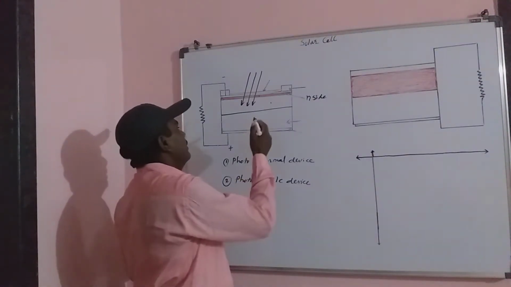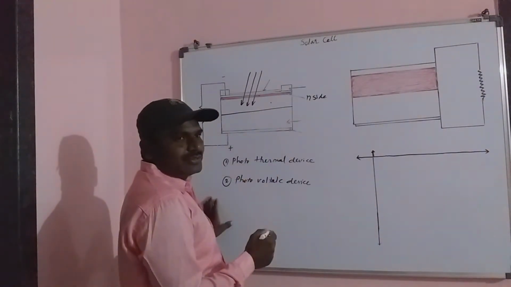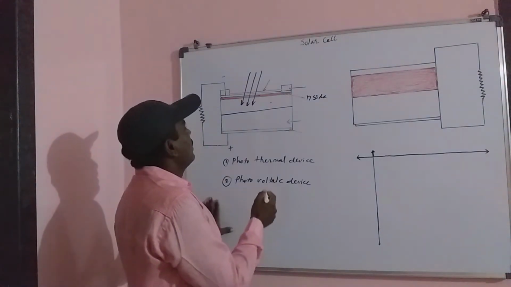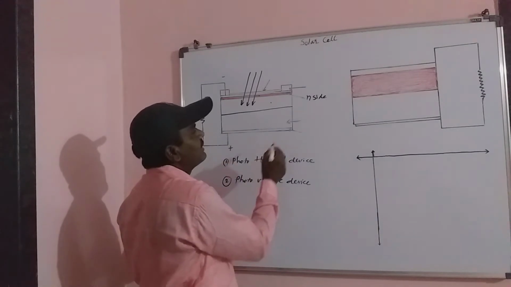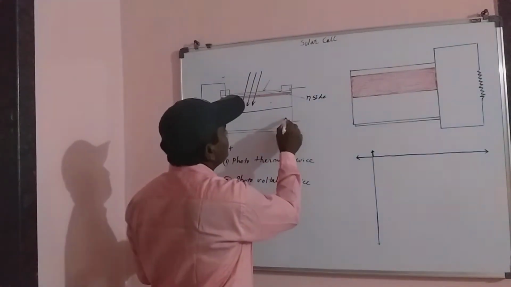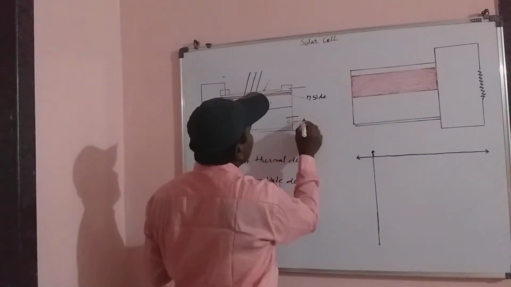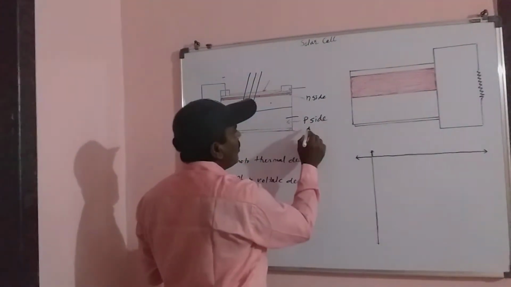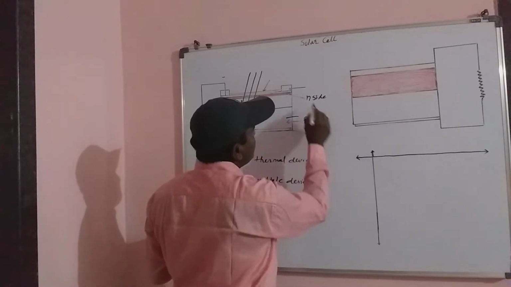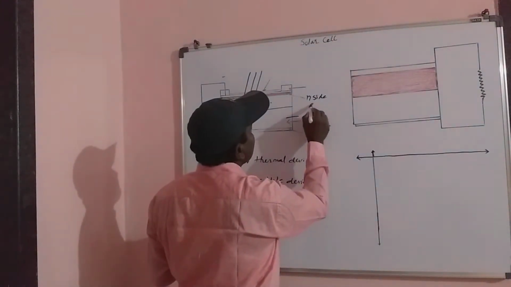The other region, which is a thick region below the solar cell, is called the p side. It is also called the base, and the n side is also called the emitter.